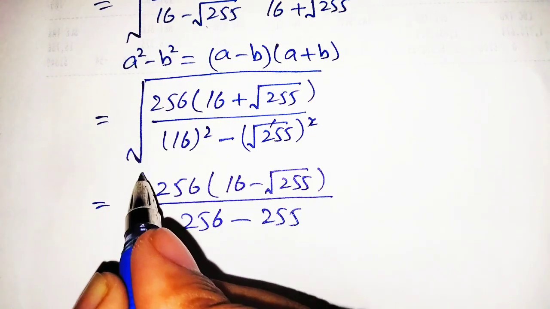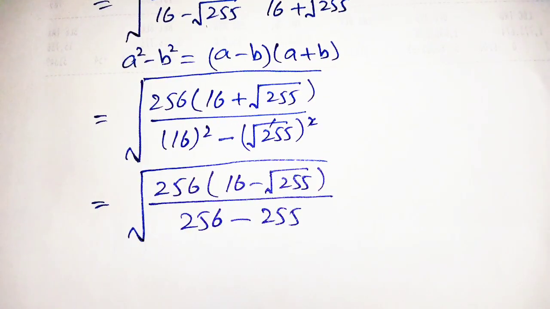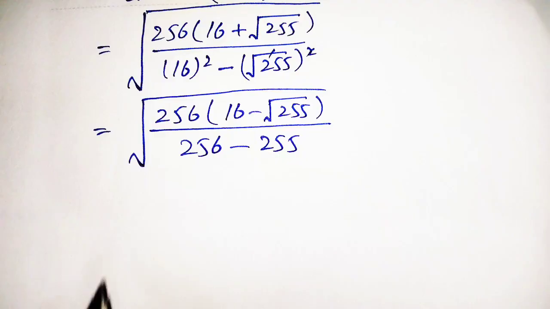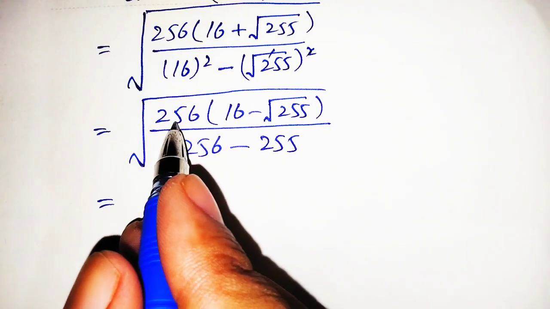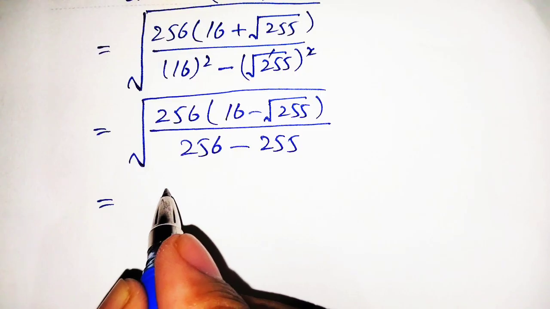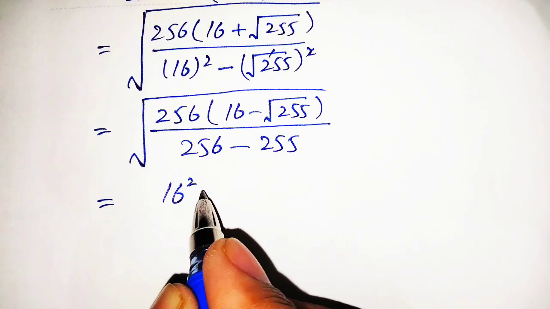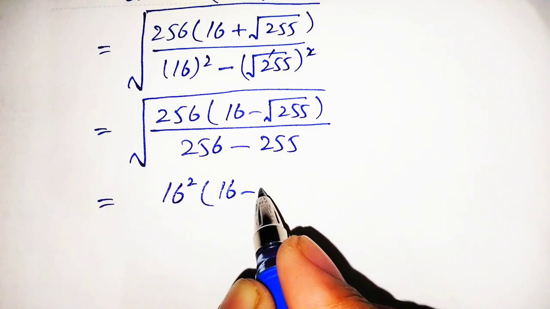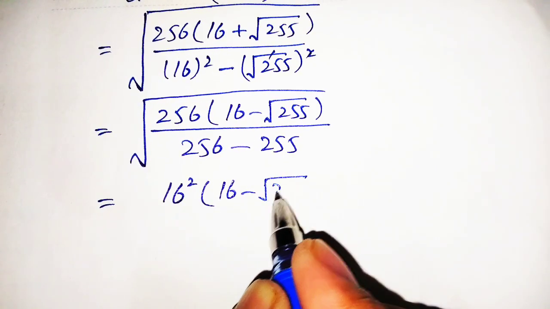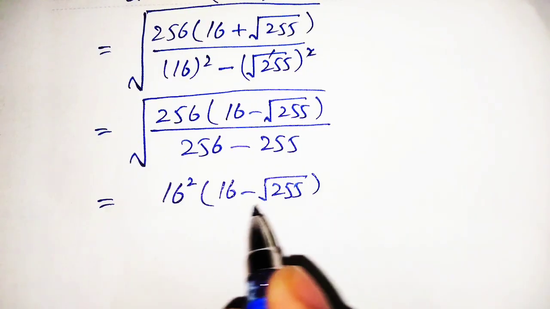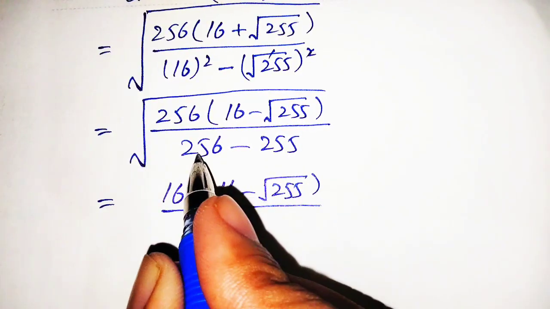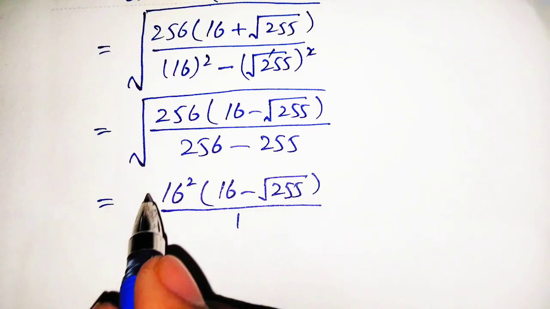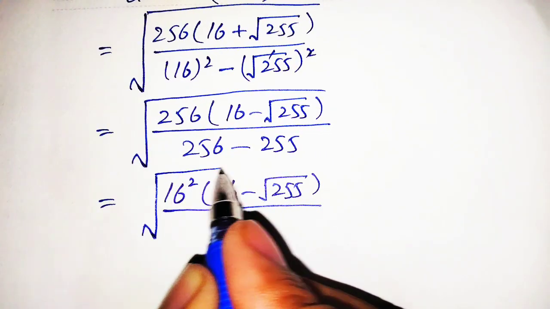So we get this. Now again simplifying, we can write 256 as 16 square times 16 plus square root of 255 over, here we will get 1, and whole square root.